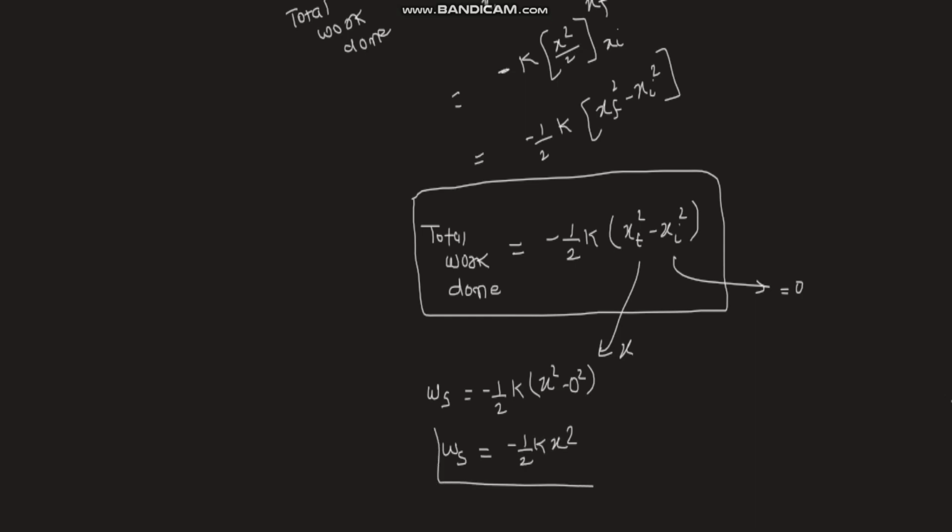So this is nothing but a specialized work done by a spring force where we have assumed x initial to be 0 and x final to be x. But this is a more generalized form of work done by any spring. Okay, so let's proceed further in the next example.